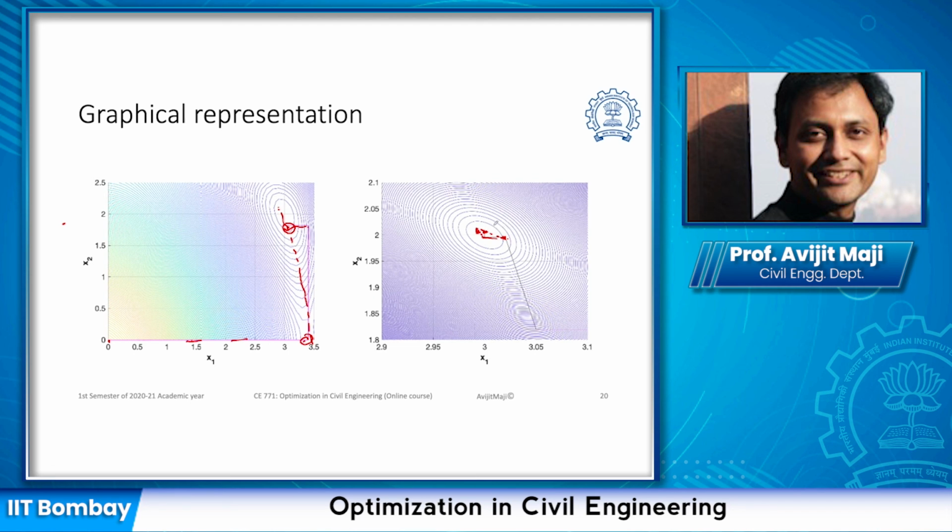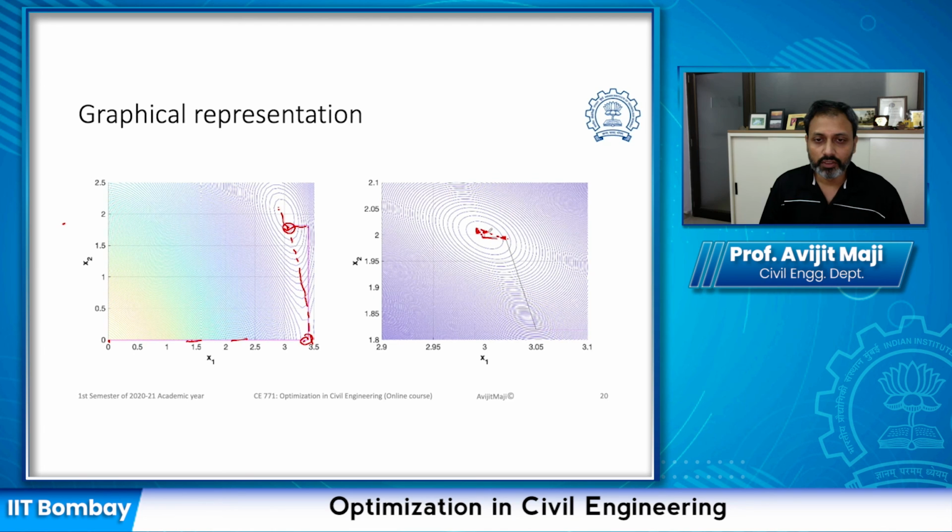That is giving us the optimum solution. As the difference along this conjugate direction is minimum, we are ending up at this particular location as the optimum solution.